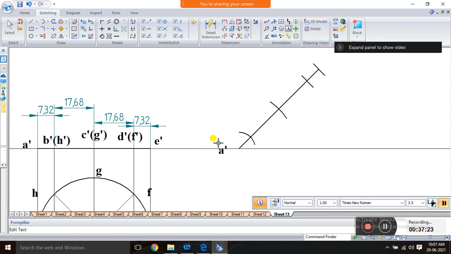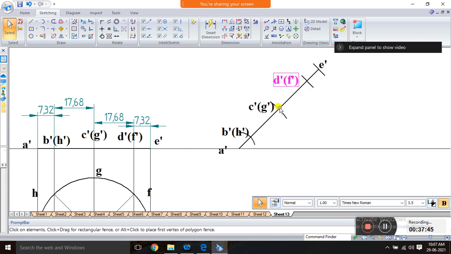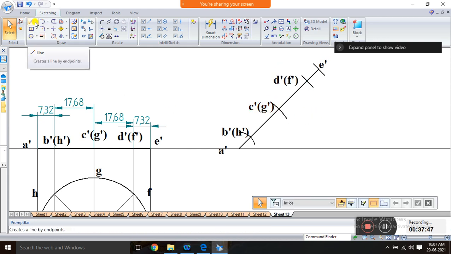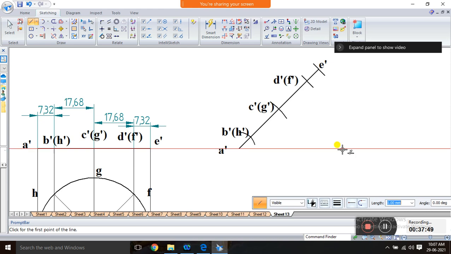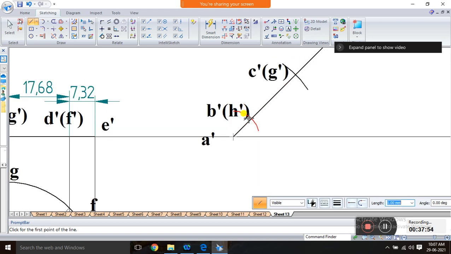This is A dash, and this point is B dash of H dash, and this point is C dash of G dash, and this point is D dash of F dash, and finally the last point is E dash. Like this you have to name all the intersection points, and go for the second position top view. For that you have to project all the points.